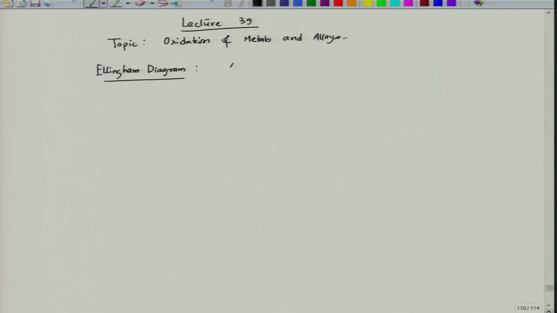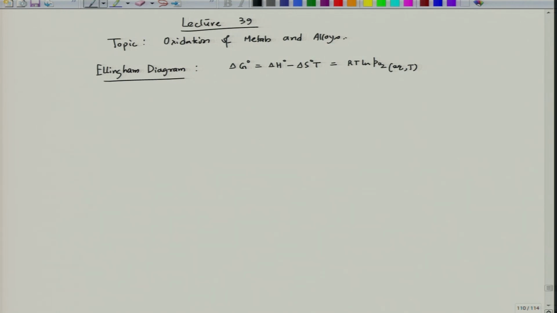It is a plot between delta G naught, which we can write as RT ln PO2, which is at the equilibrium temperature.